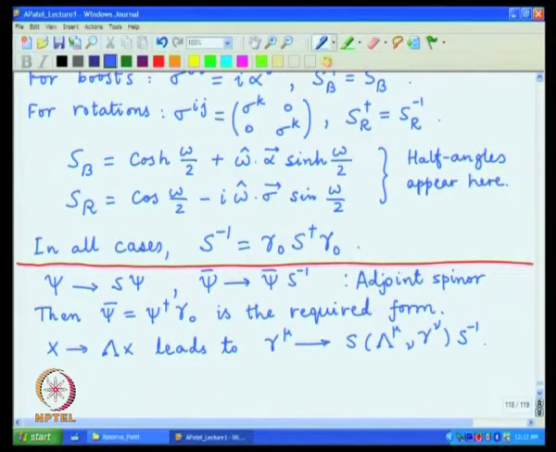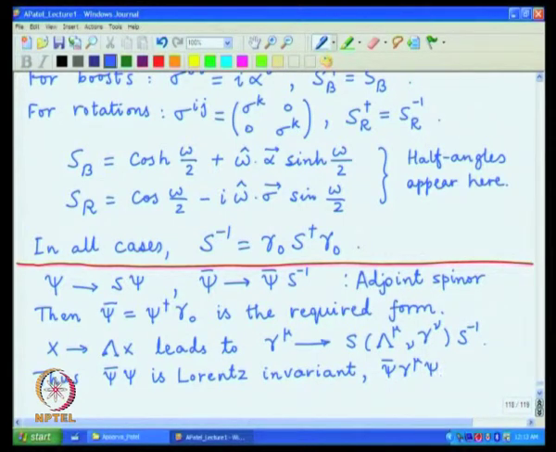Some simple examples are that if I construct psi bar psi, it is Lorentz invariant. One can combine some of these gamma matrices together with it. Let us look at the simplest case, which is psi bar gamma mu psi.